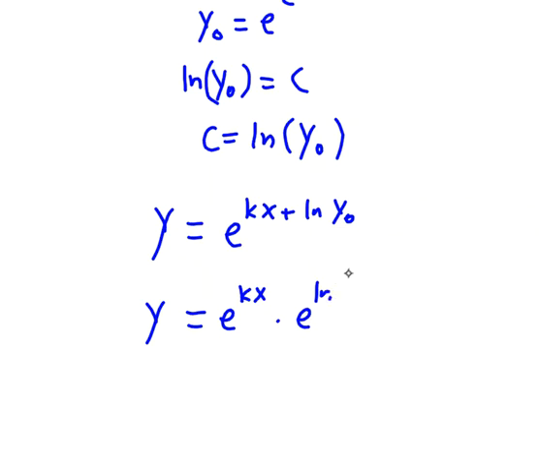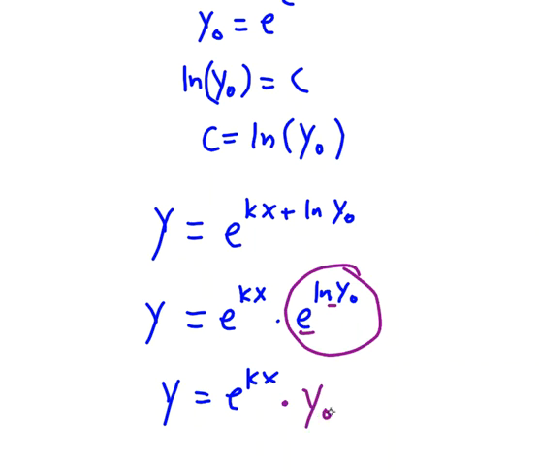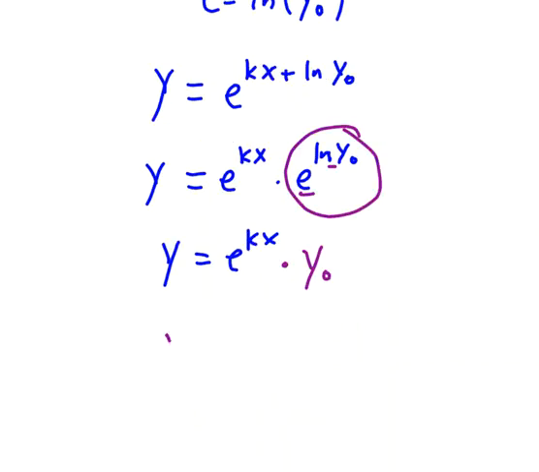So I have e to the kx times e to the ln of y0. Why would I do that? By my log laws, I can simplify this one right here, and because my bases are the same, it's just y0. Now if I rewrite that, we get y equals y0 e to the kx.